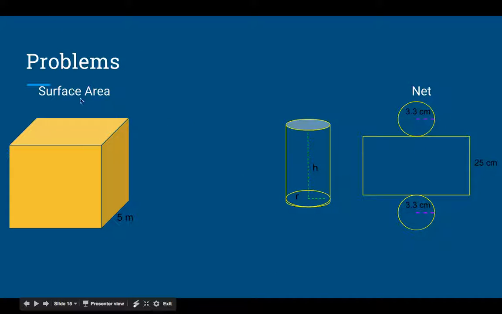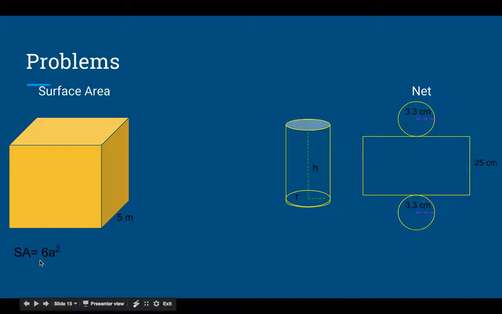As we can see right here, for surface area we're just trying to find what all of this equals. Since this is a cube, we can say that area is equal to 6a squared, because we know there are 6 faces.